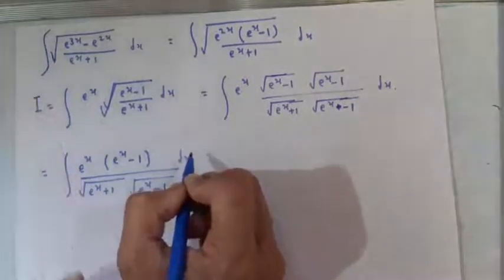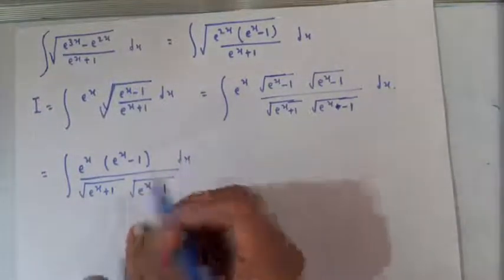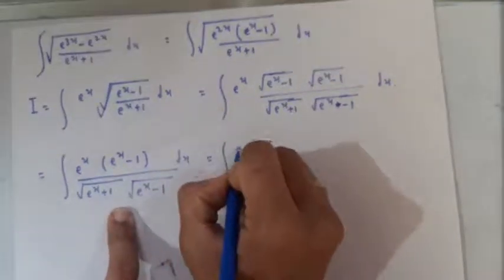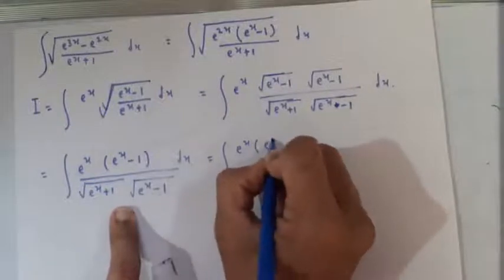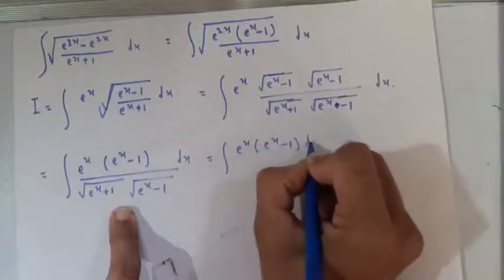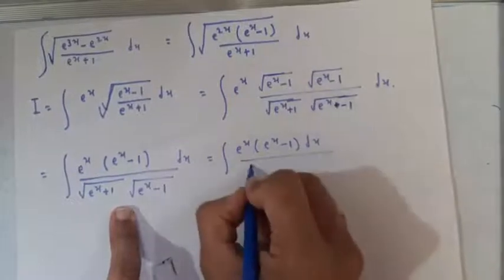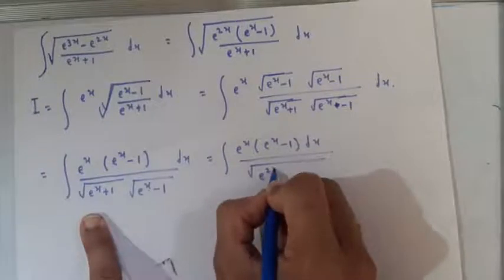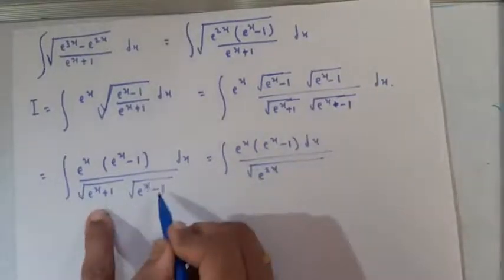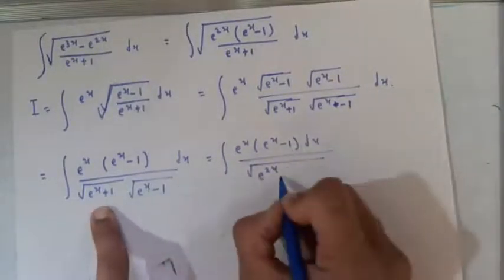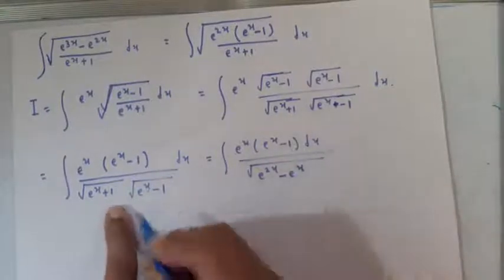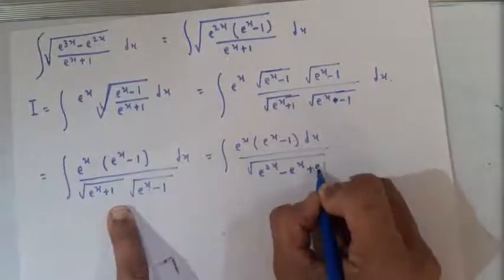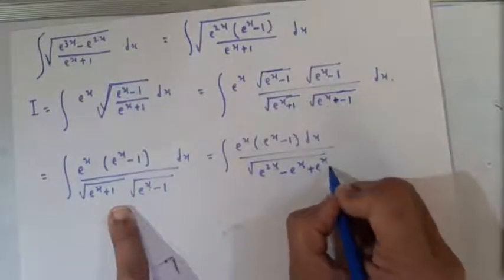Now simplify the denominator. We get e raised to x into (e raised to x minus 1) with respect to x upon the square root of e raised to x into e raised to x, which is e raised to 2x, plus e raised to x into minus 1, which is minus e raised to x, plus e raised to x, minus 1.